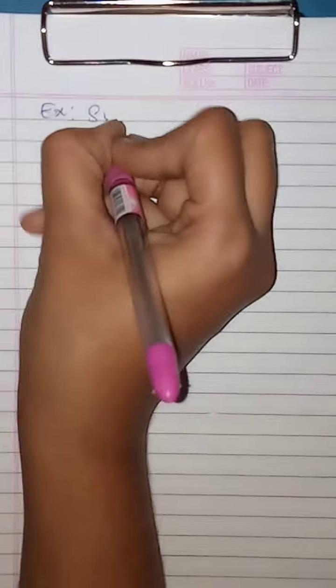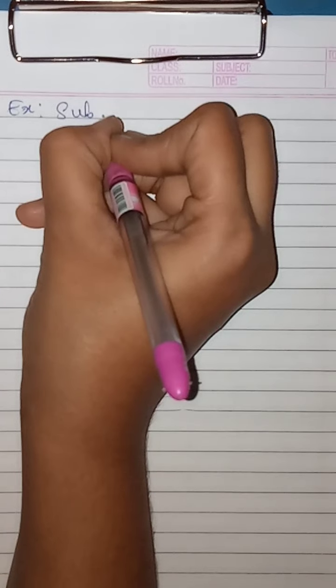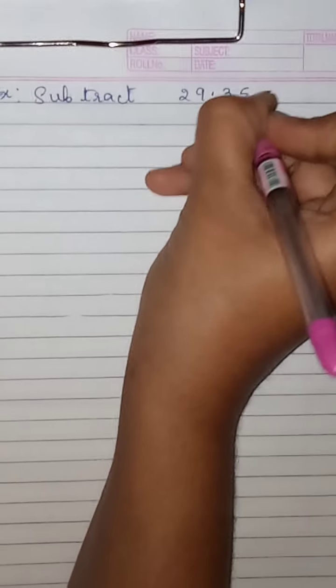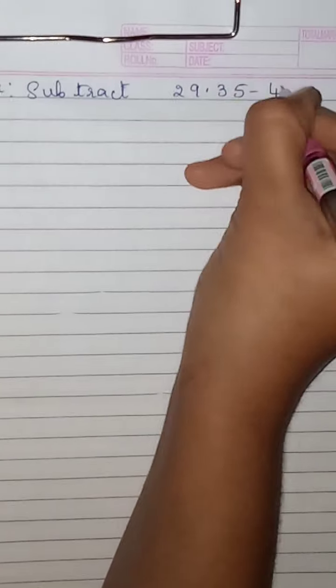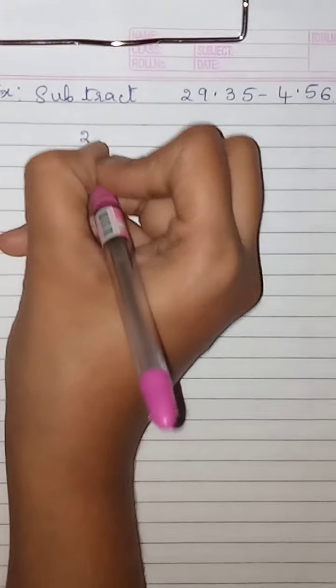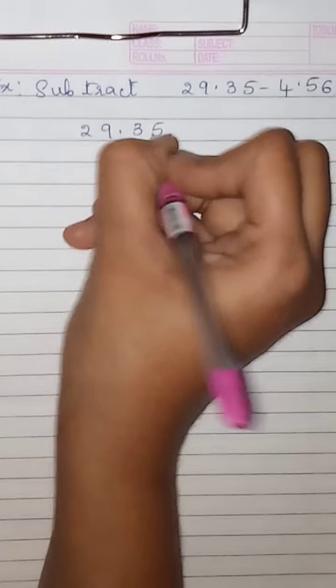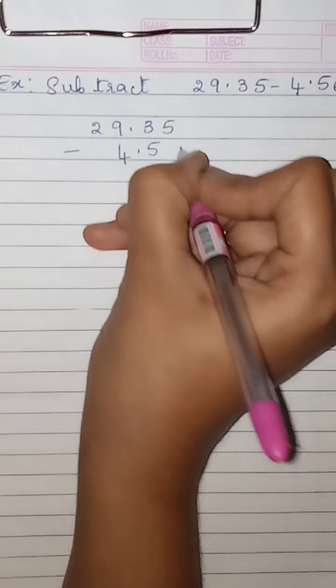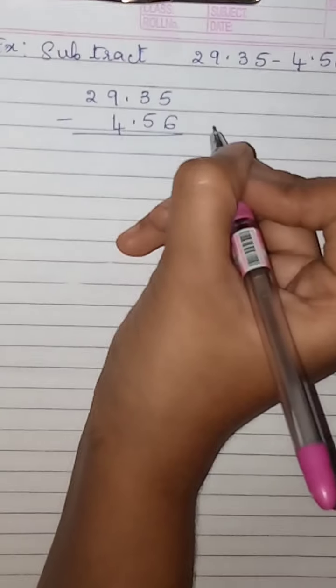Next we will do the subtraction of decimals. Take one example. Subtract 29.35 minus 4.56. Here in the whole number 4 is there. Now you subtract.